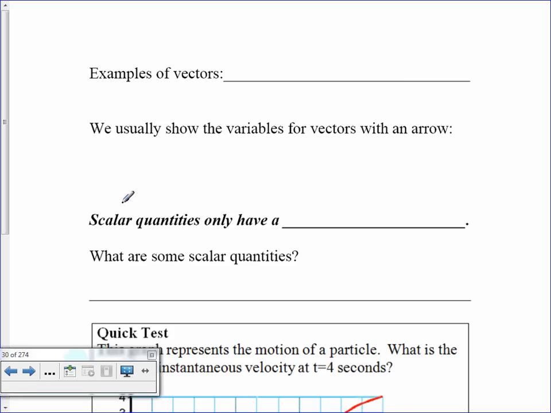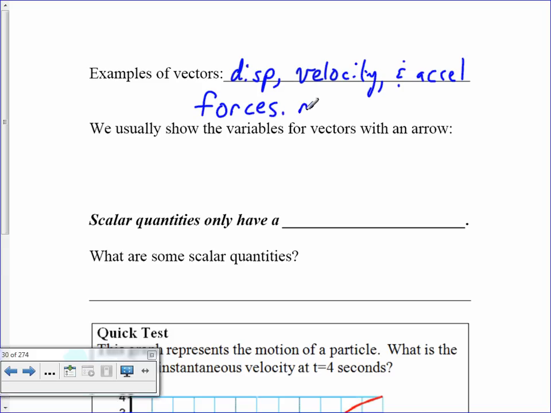All right, there are a number of different examples of vectors. All three kinematics quantities, displacement, velocity, and acceleration, are vector quantities. There are some other vector quantities as well, such as, for example, forces and momentum.